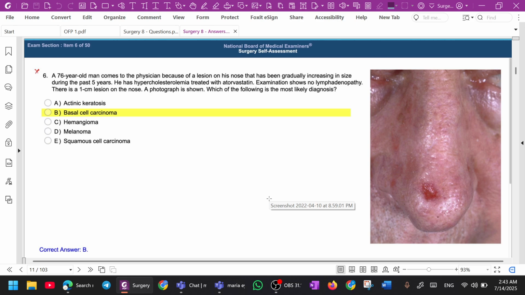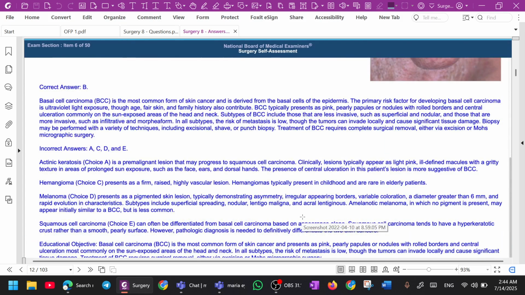Basal cell carcinoma is the most common form of skin cancer, derived from basal cells of the epidermis. Primary risk factors are UV light exposure, age, fair skin, and family history. BCC presents as pink, pearly papules or nodules with a rolled border and central ulceration, commonly on sun-exposed areas of the head and neck.